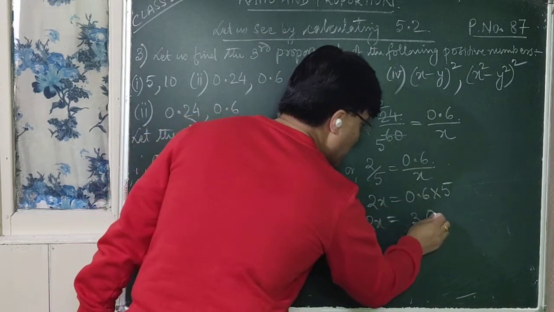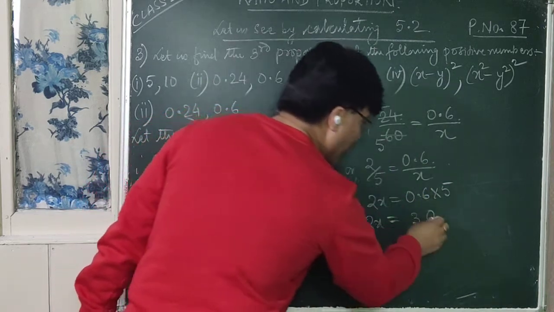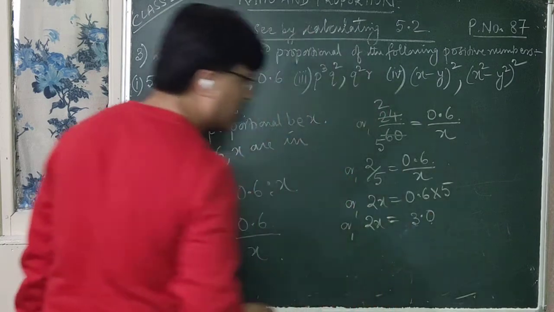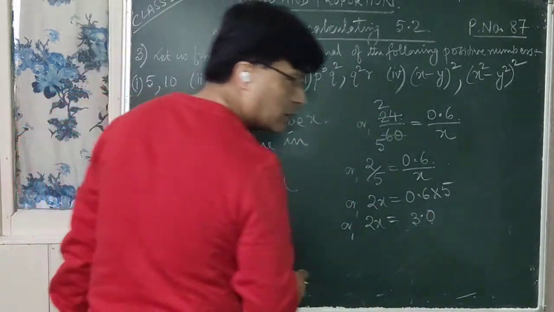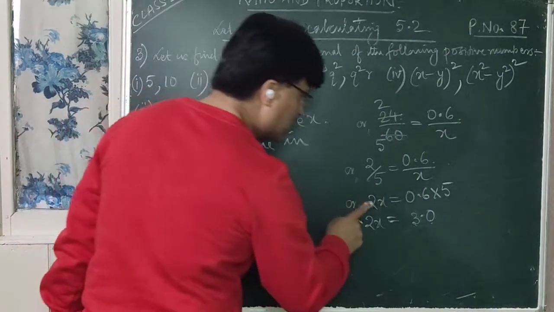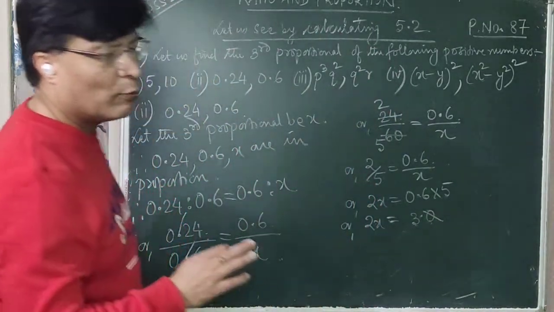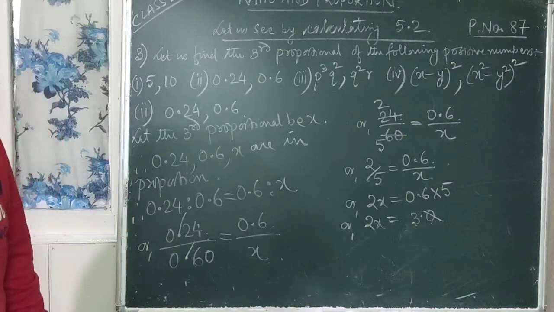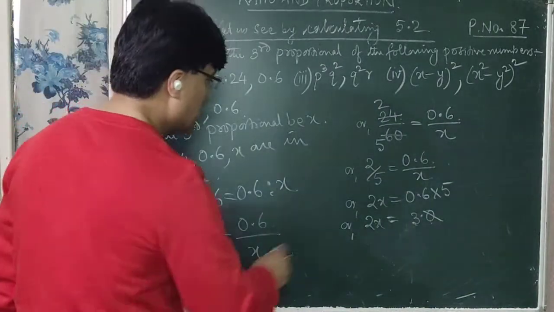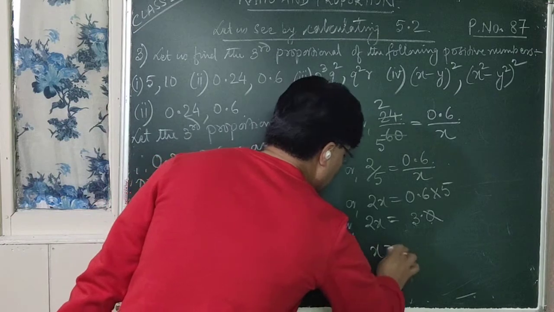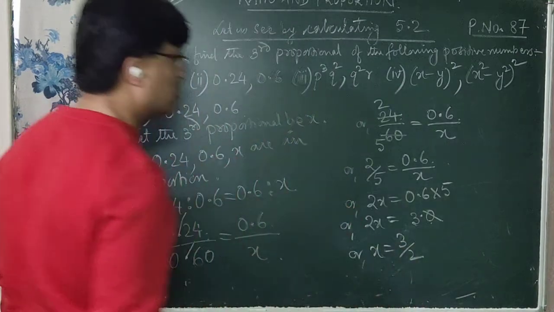That is, before 10 you have to write down the decimal point. Right? So after decimal point there is 0, you can cancel it. So after decimal point, if there are zeros, you can cancel them. Right? So what is the value for x here? So x is equal to 3 by 2.